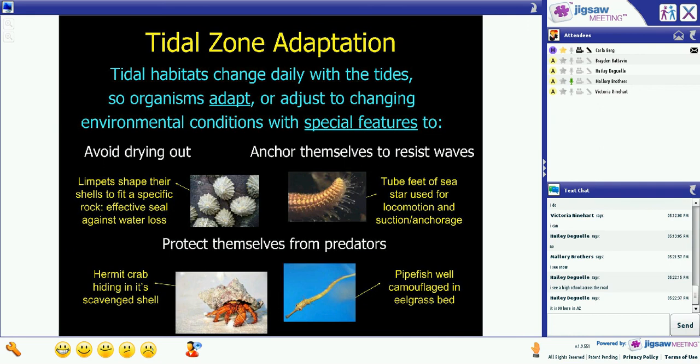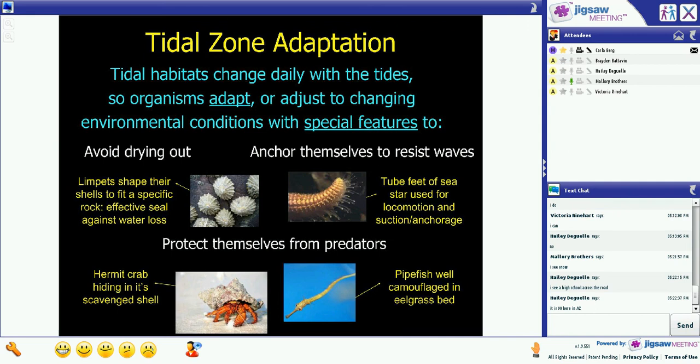Tidal zone adaptation. Tidal habitats change daily with the tide, so organisms adapt. Adjust to changing environmental conditions with special features to avoid drying out, anchor themselves to resist waves, and protect themselves from predators.